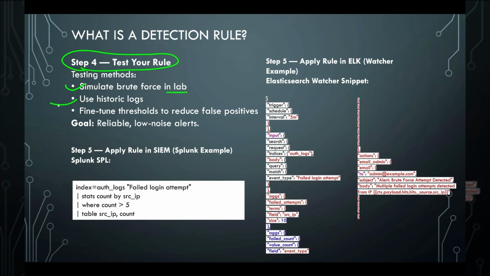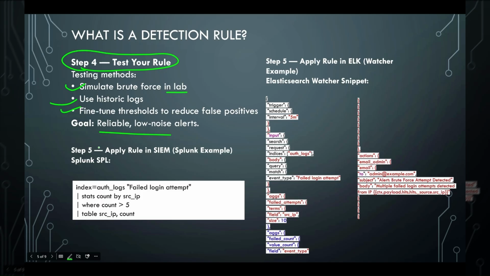And then fine tuning. If the rule generates too many false positives, for example normal users who forget their password, consider adjusting the threshold, like increasing the threshold to 10 failed attempts in 15 minutes. The threshold depends on your organization's requirements, so you can tune it as per your requirement.